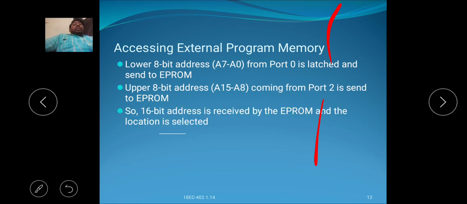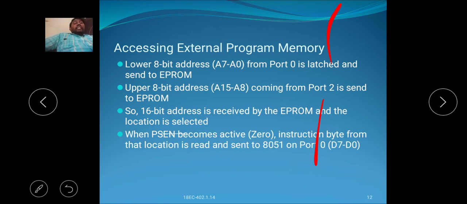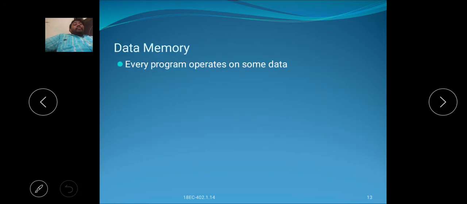So the 16-bit address is received by the EEPROM and the location is selected. When PSEN becomes active 0, the instruction byte from that location is read and sent to the 8051 on port 0, D7 to D0.